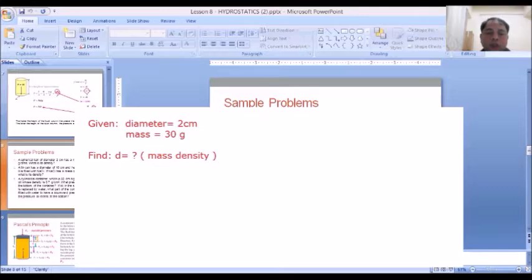So in our solution, we need to find the value for V, and V here is our volume.